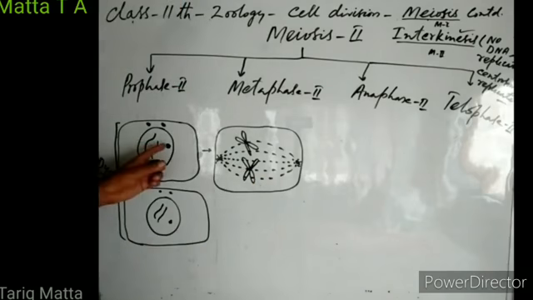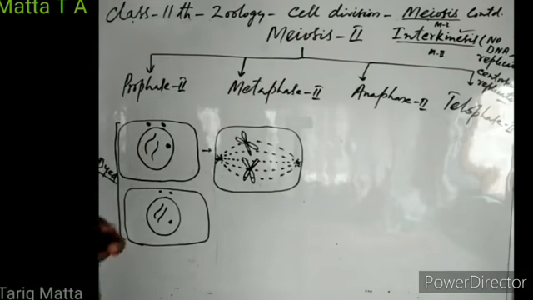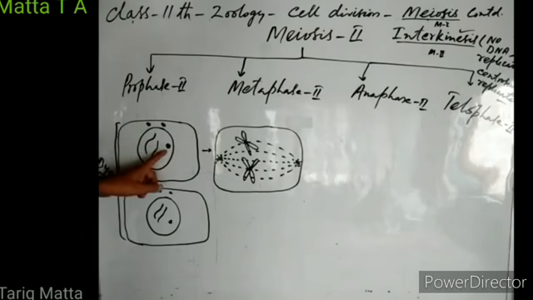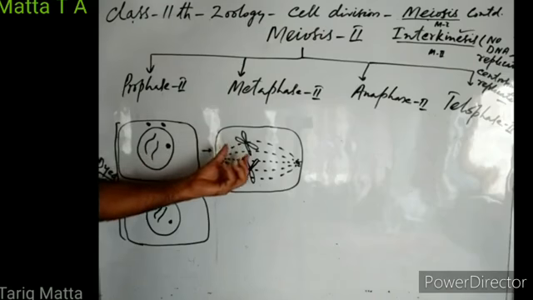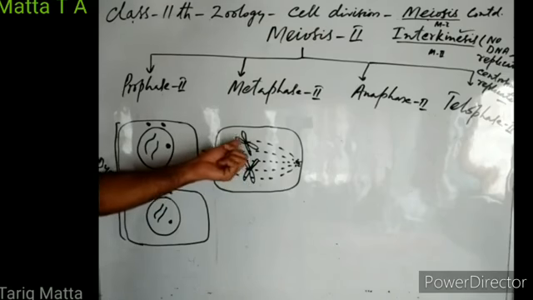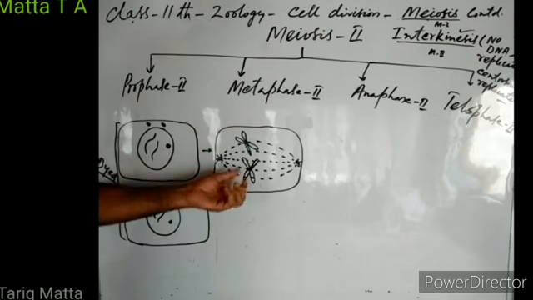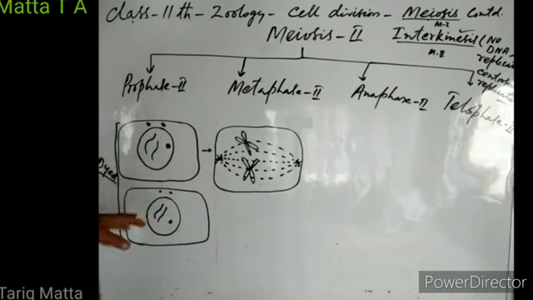So, in prophase II, like prophase I, the nuclear membrane of this nucleus disappears. The nucleolus also disappears. Chromatin fibers condense, and after condensation they appear as thick rod-like structures with their sister chromatids becoming visible, right?